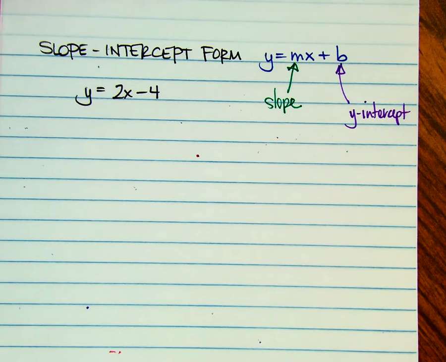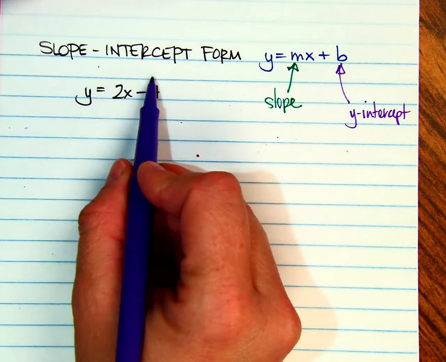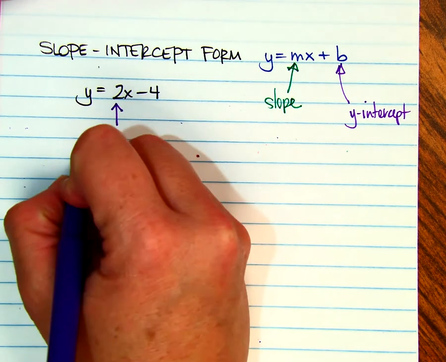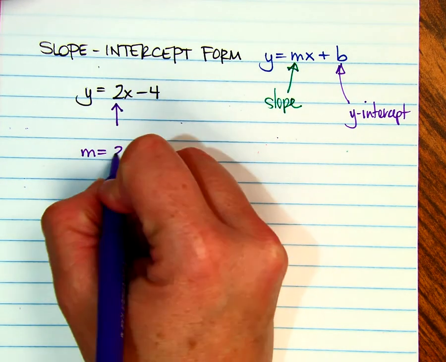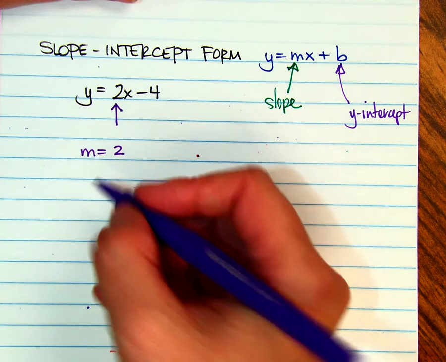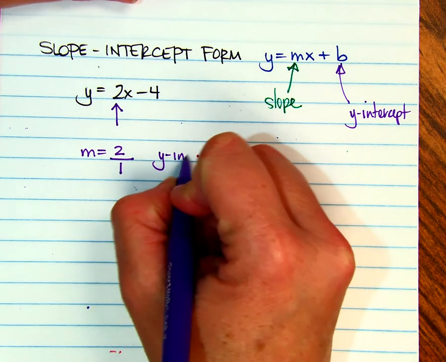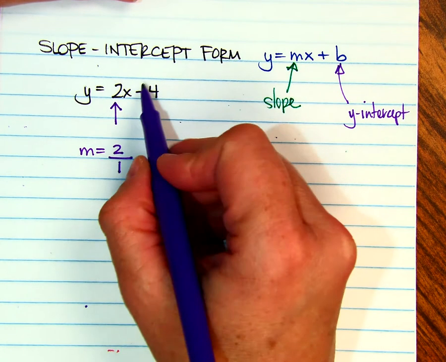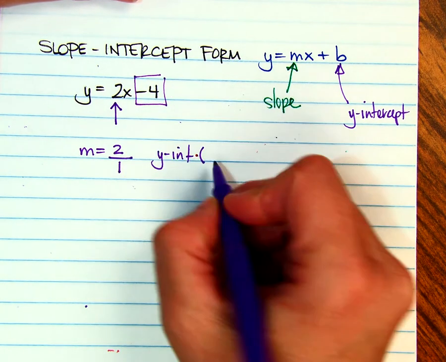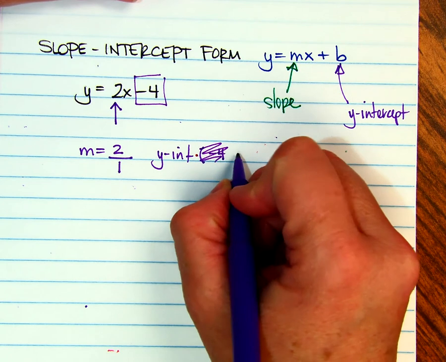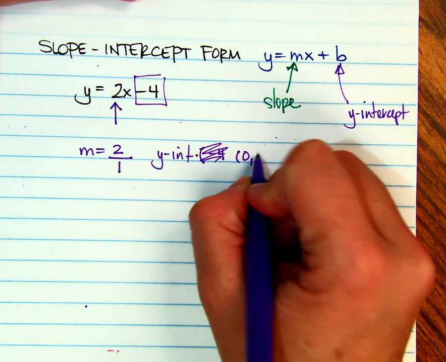So if I have this equation, then I know that the slope is 2. Remember, we like to see it as rise over run, so 2 over 1. And the y-intercept is 0, negative 4.